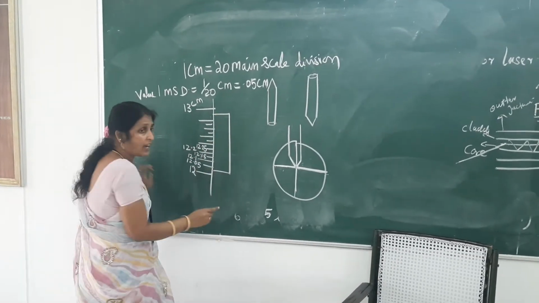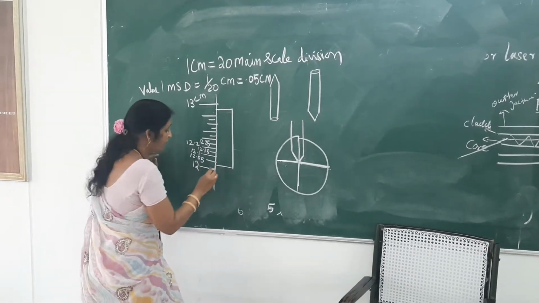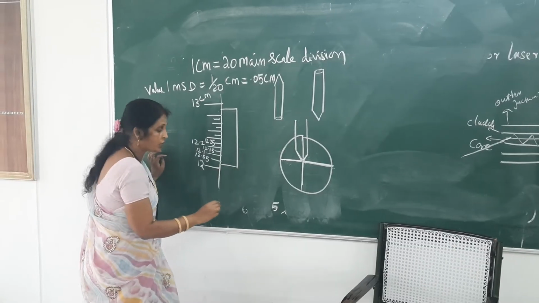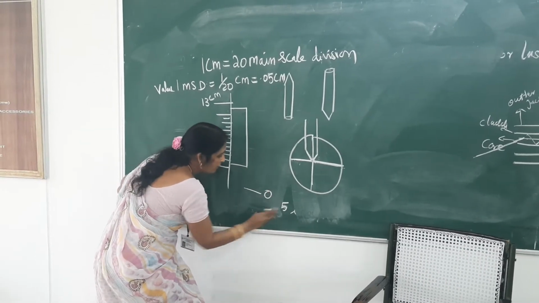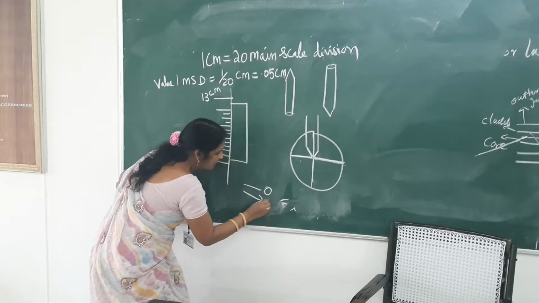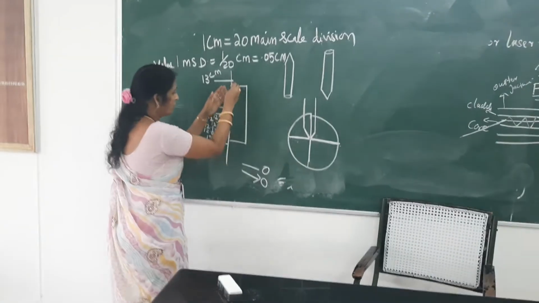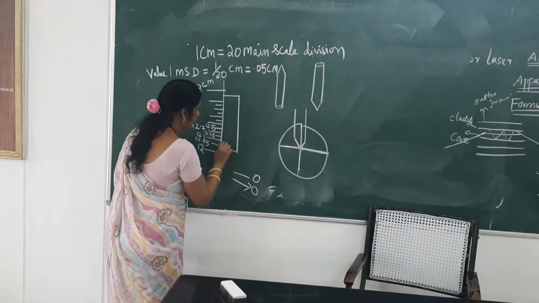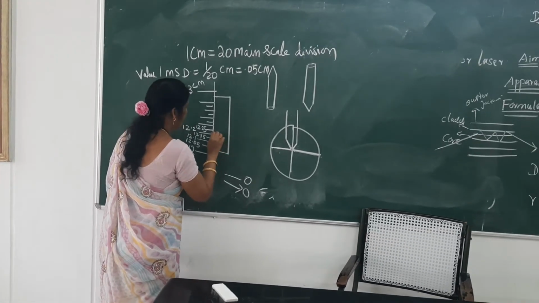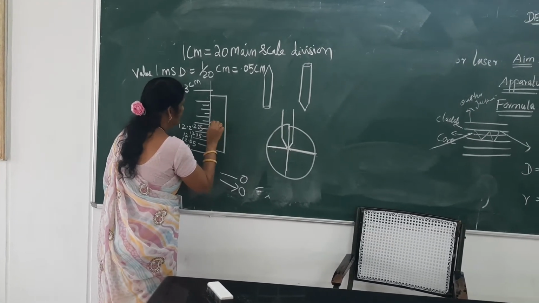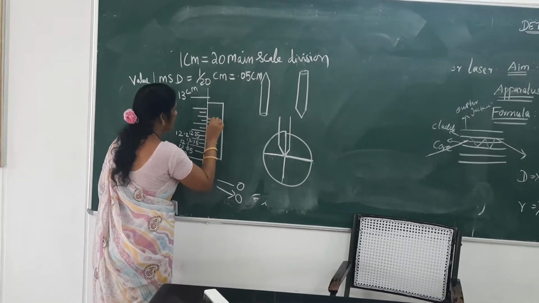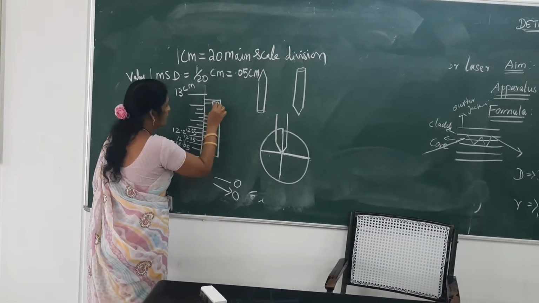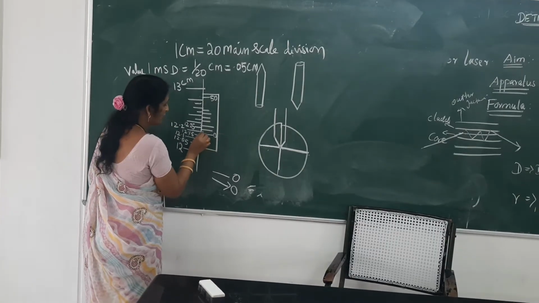Now, the Vernier scale, I have told you, has 50 divisions. The 0th division will be like this, with some arrow mark. Among the 50 divisions, suppose this is the 50th division and this is the 0th division.